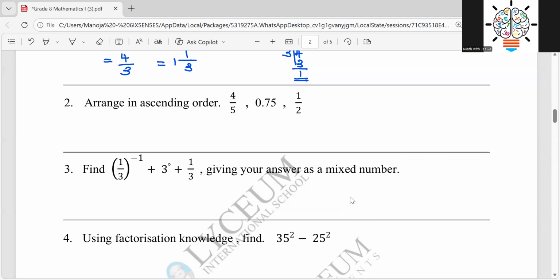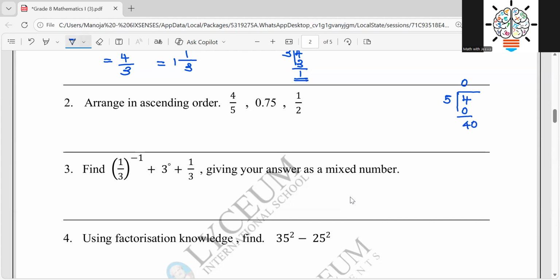So if I select the conversion of the fraction into decimal, 4/5, I write it like this, 5 into 4, 0, and for 40, 5 times 8, 40, and then 0, right? 0.8. So then here I write 0.80. Why is that? Because the next number is with 2 decimal places, so it's easier for me to do the comparison.